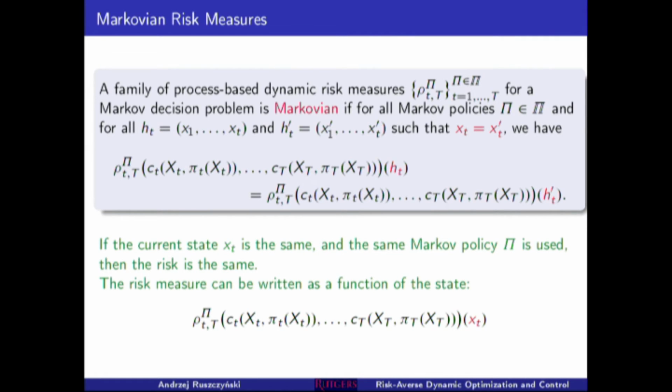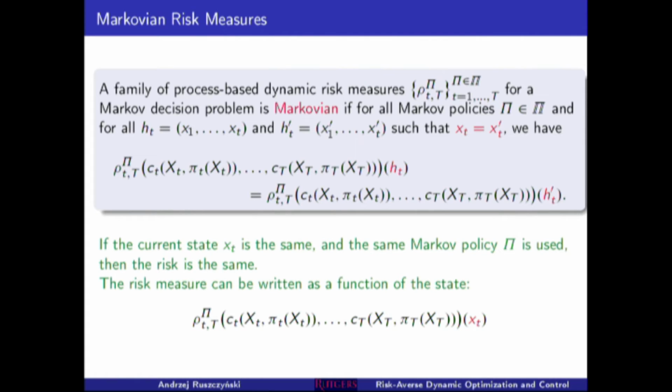So formally, this is the following. Whenever I have two histories, H and H prime, that happen to have the same current state xt, and I use a Markov policy, then the risk evaluation of the future should be the same.